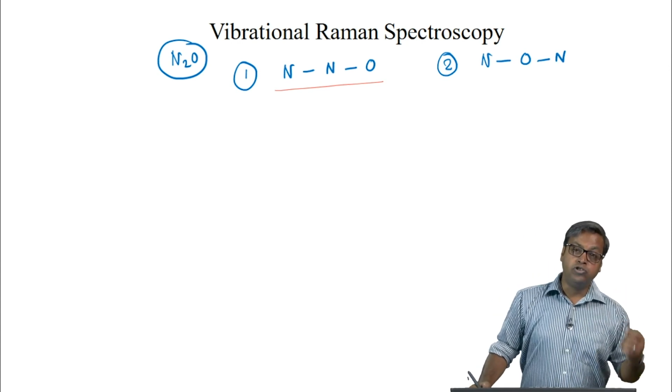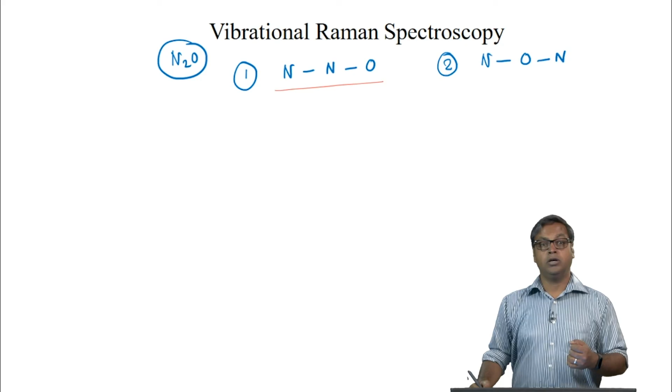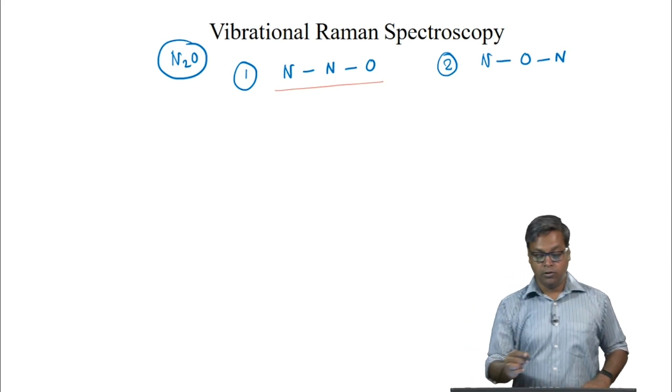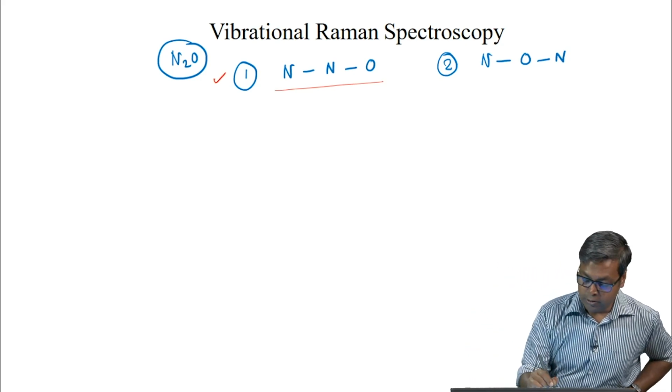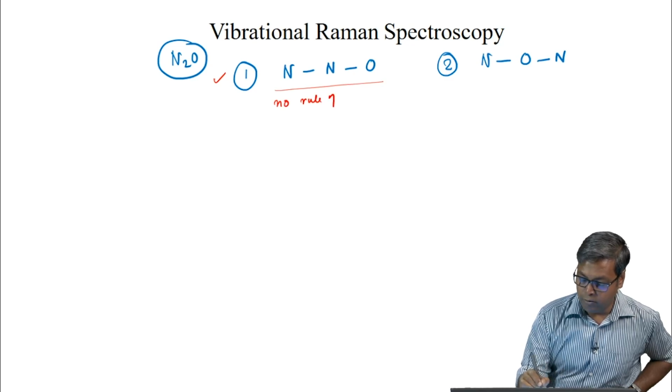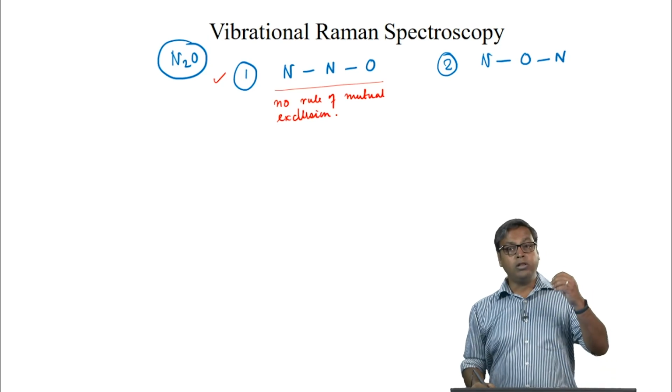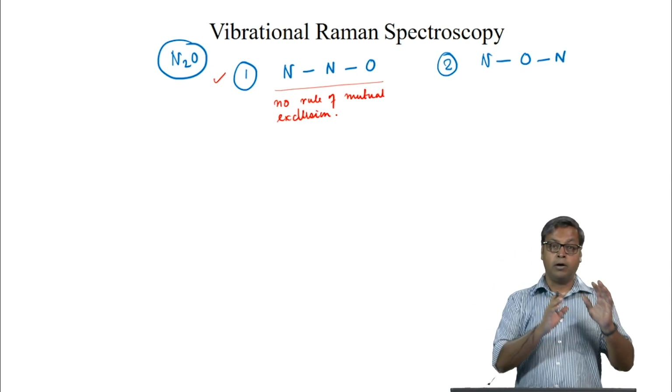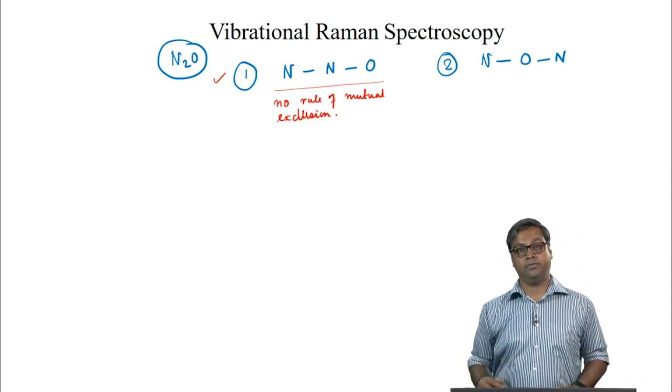Thus, the mutual exclusion principle will not be valid. So, if the structure is 1, there will be no rule of mutual exclusion, and all the modes will be Raman as well as IR active.